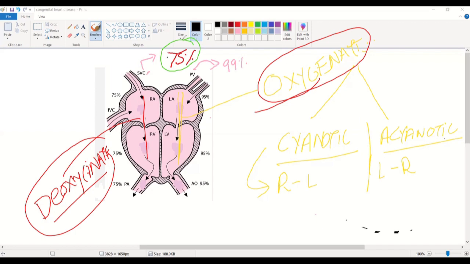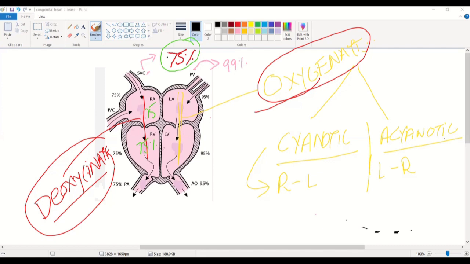So 75% is normal. It is 75% in the inferior vena cava, 75% in the right atrium, 75% in the right ventricle, and 75% in the pulmonary artery. This is normal.